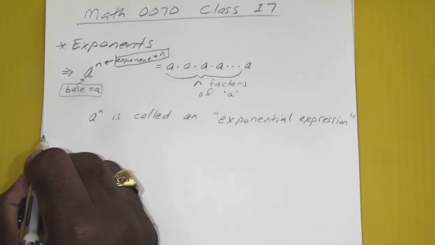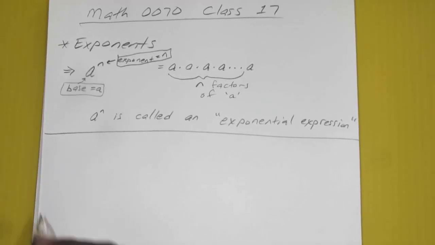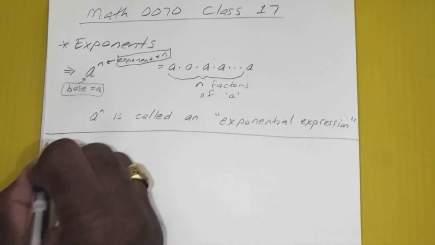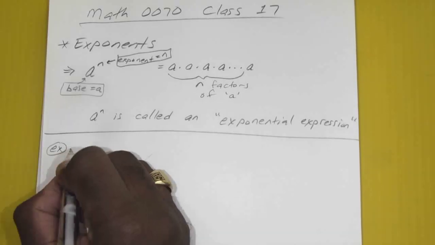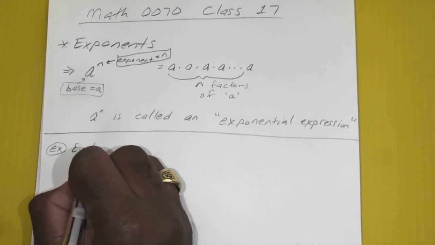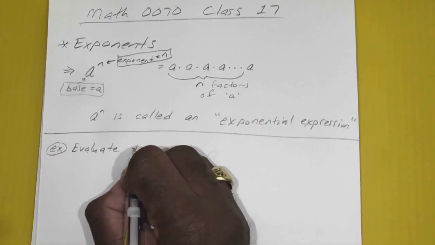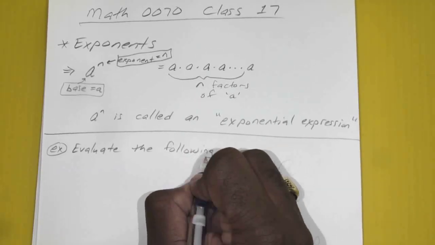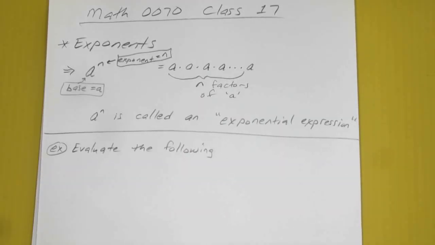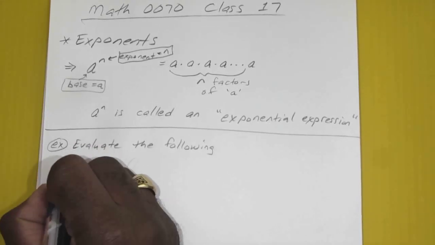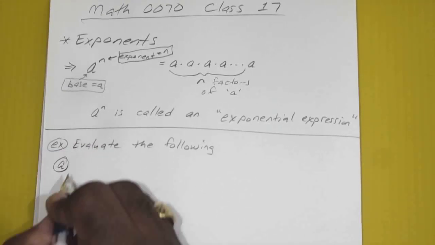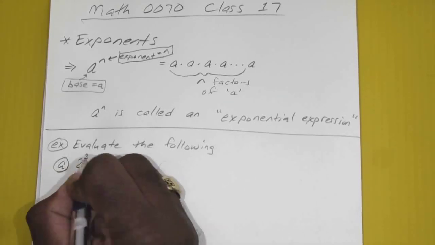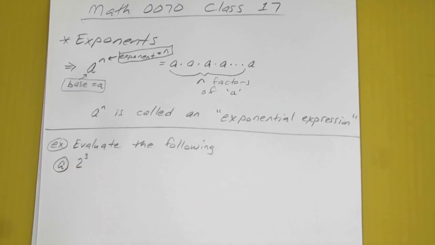Now to put this in actual numbers, let's say we wanted to evaluate the following. For problem A, we want 2 to the third power.